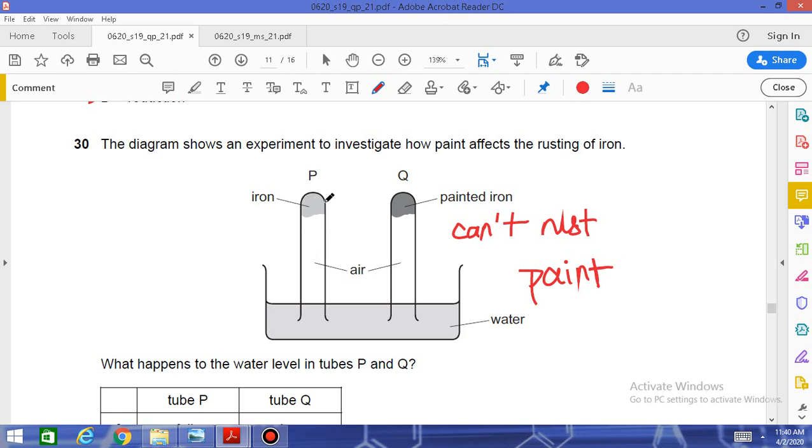Okay, next. How about P? Iron is not treated at all. Okay, so in this case, water and oxygen from air can rust the iron. So the level of water will rise to react with iron and rust is produced.